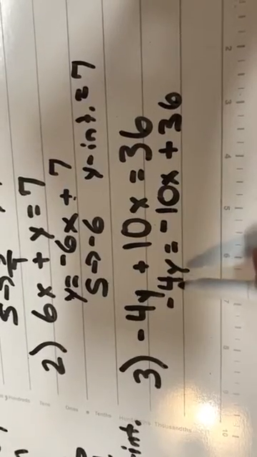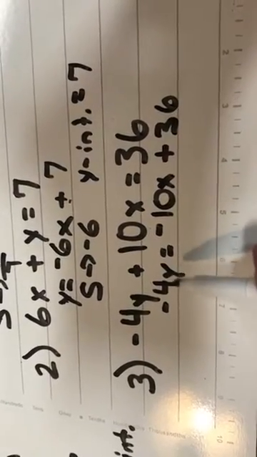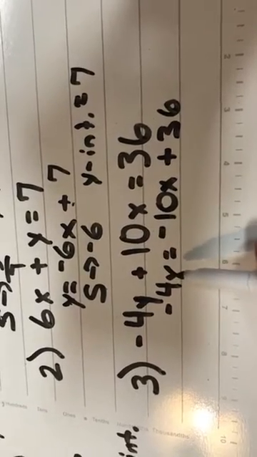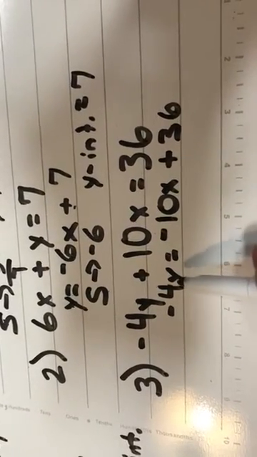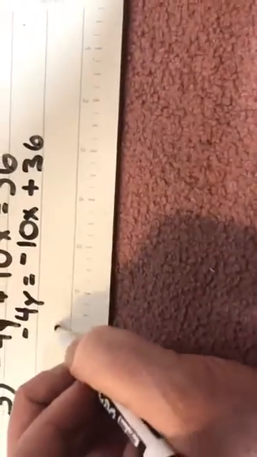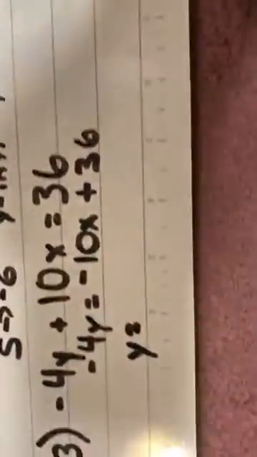But 7th grade, you know this. This is from equations. Negative 4y, if I want to get the y by itself, I'm going to divide everything by negative 4. That's what I'm going to do. That's going to bring y by itself.